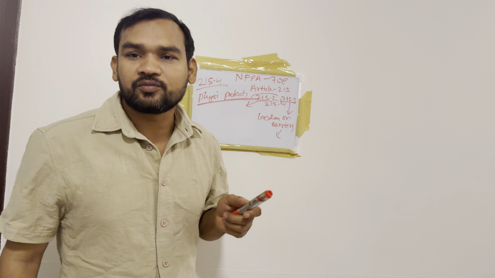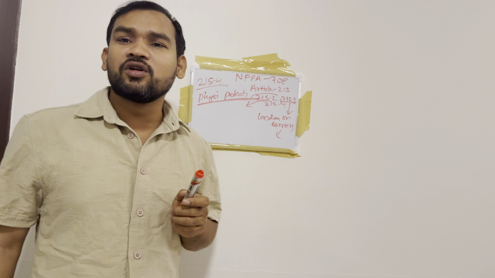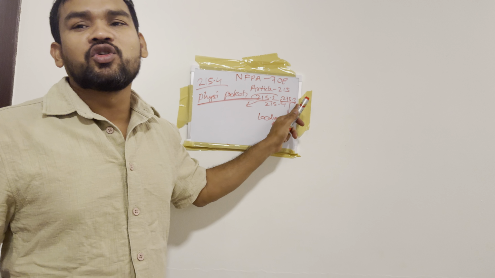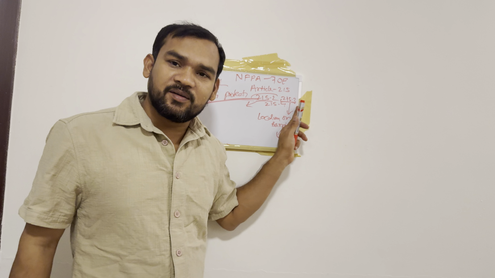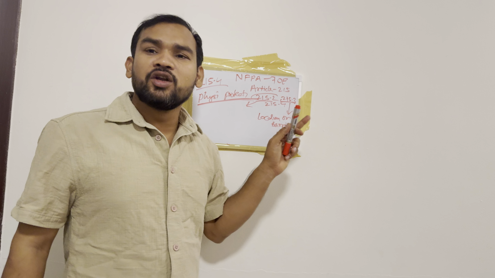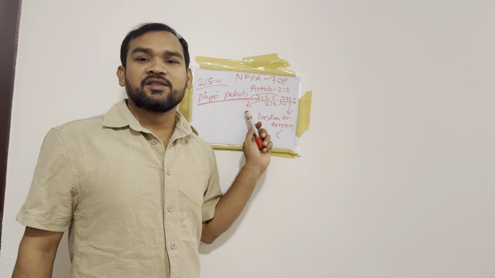Next is the comparison between 215.3 and 215.4. 215.3 says open wiring protection by location or barrier, and 215.4 says raceway and cable tray physical protection and conductor support are maintained.